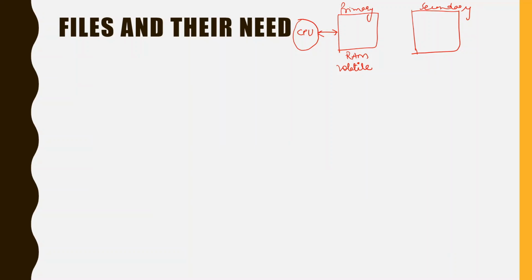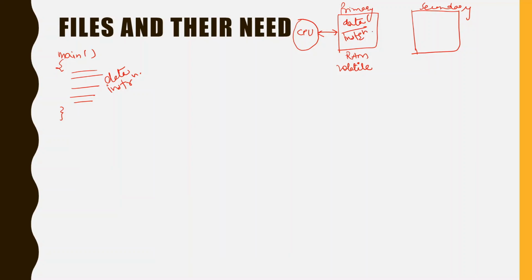Suppose the programs that we have been running till now, we have been asking for user input and having some data inside the main program. All the data and instructions which are used by the program need to be inside the main memory for the CPU to process them.